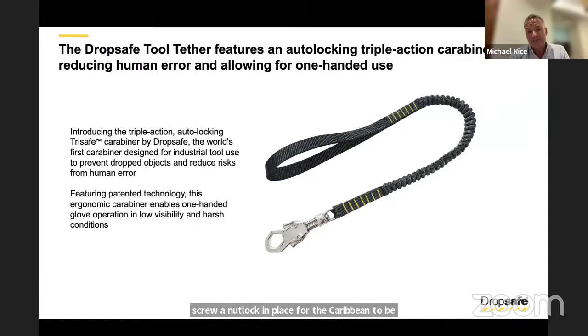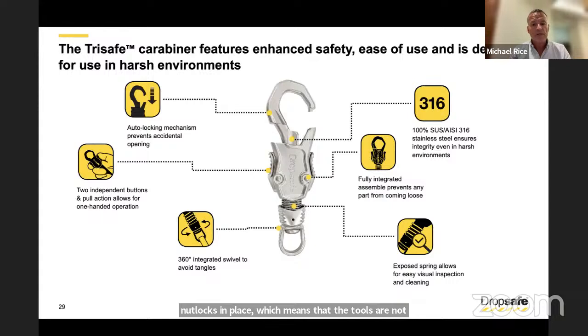The reality is many operators, when they're working at height, they just don't take the time to screw those nut locks in place, which means that the tools are not actually properly secured, even though they may be tethered. So we designed the carabiner, or redesigned a carabiner, so that it was a proper triple action auto-locking carabiner.